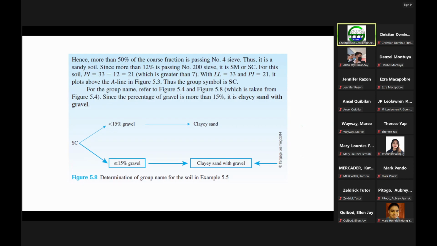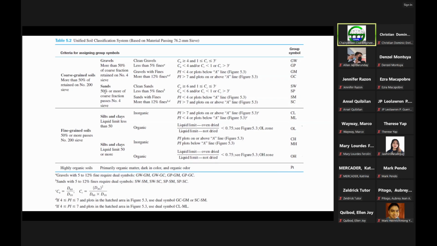So here we have 50% of the coarse fraction passing the number 4 sieve. That's this one here: 50% or more of the coarse fraction passing number 4 sieve. So we have more than 50%.